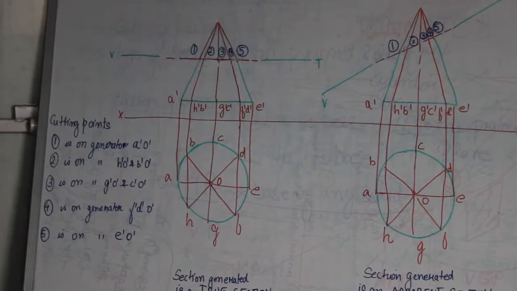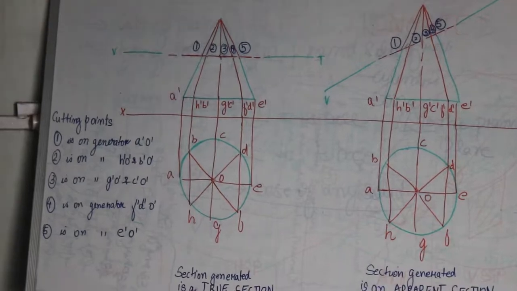Now let's proceed towards how the cutting points help us obtain the sections: how the cutting plane will help us in the first part to get the true section, and how the cutting plane in the second part will help us generate an apparent section. Let's do the exercise.